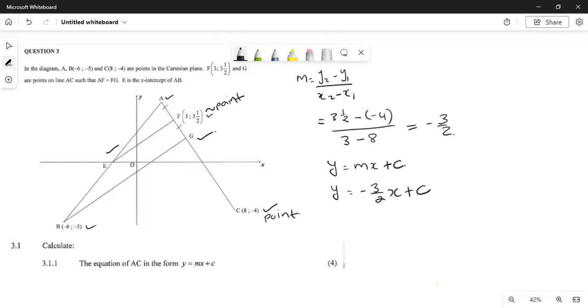I think that would make things much simpler. So we're going to work with point C. We'll substitute in -4 = (-3 over 2)(8) + c. We will go ahead and multiply the 3 over 2 with 8 and get -12.